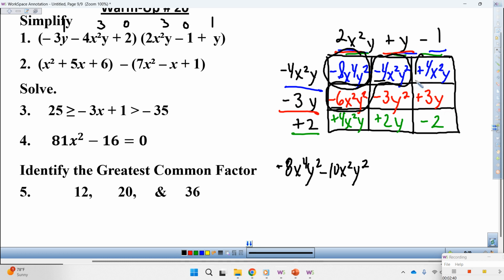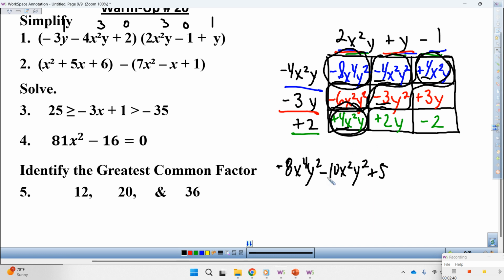Next, I combine these right here. So we got, what is 4 plus 4? 8 minus 3? 5. Oh, wait. Not this one right here. My bad. This one and this one.